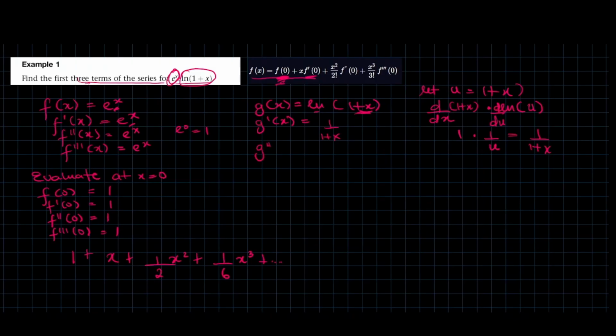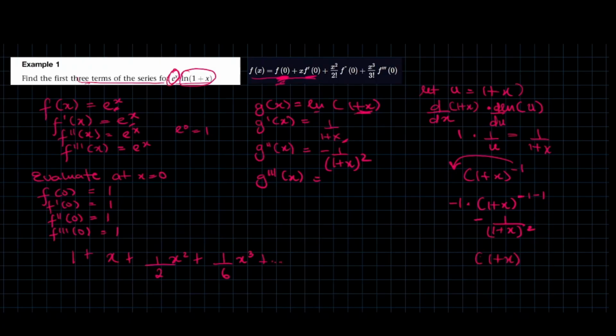Now g double prime of x is going to be, differentiating this, you can simply rewrite it as 1 plus x raised to the power minus 1. So it's going to be minus 1 times 1 plus x raised to minus 2, and the derivative of the inside is just 1. So it's going to be minus 1 over 1 plus x raised to power 2. For the last one, we rewrite it as minus 1 times 1 plus x raised to power minus 2.